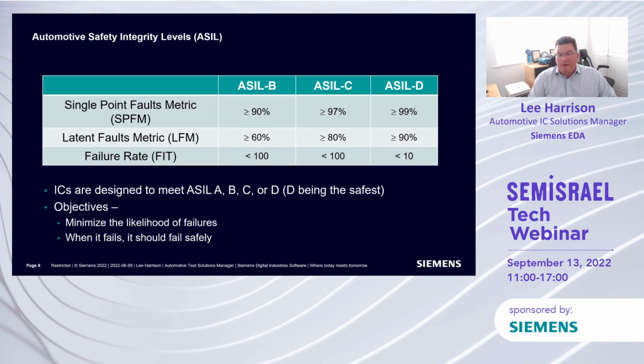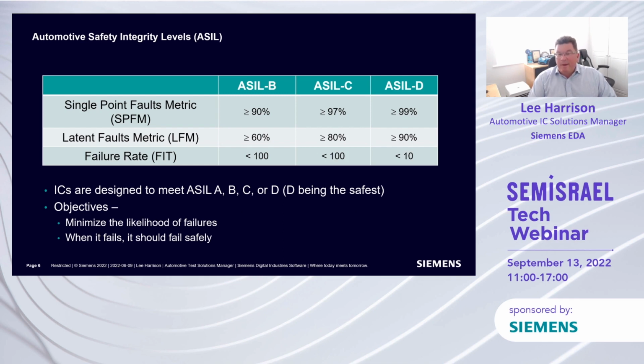This really refers to the safety level that we're trying to achieve with this particular device or system. ASIL B being the easiest to achieve. So ASIL B is typically for infotainment systems, things that don't have direct control over the vehicle's key driving operations, so braking and steering.